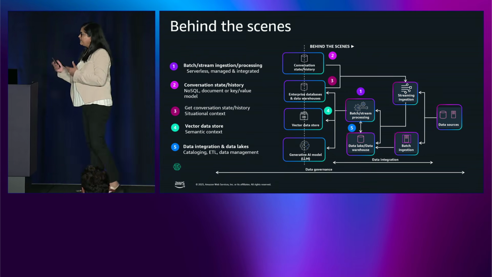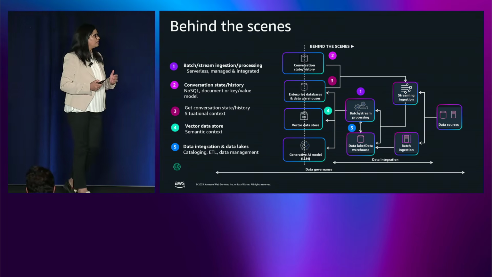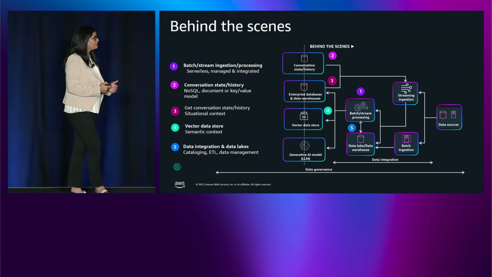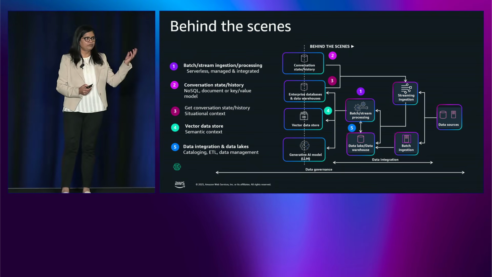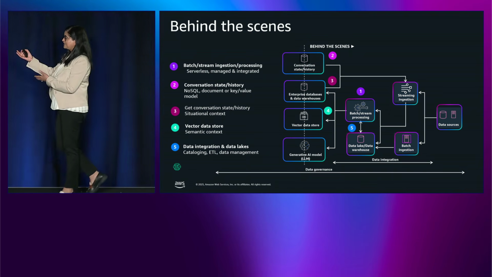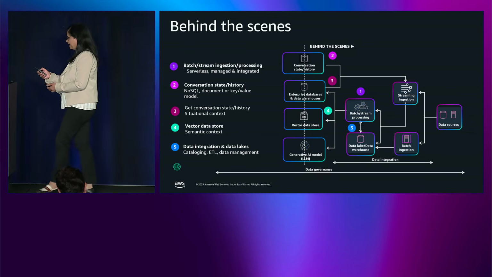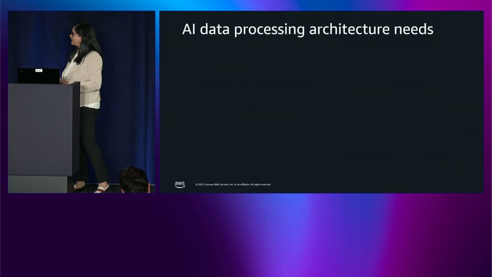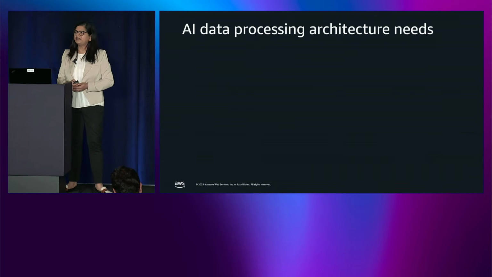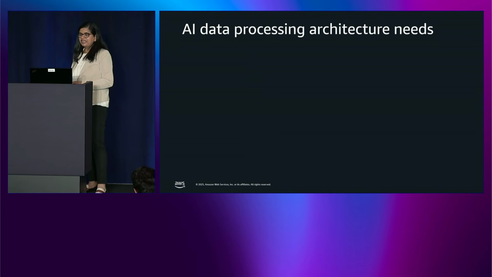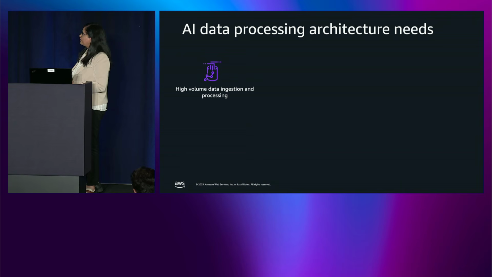Now, when we asked customers what they feel are requirements to build such applications and to boost your existing data architectures in order to enable building such AI applications, there are many things that both the field and the customers have come up with, including the need for high-volume data ingestion and processing.